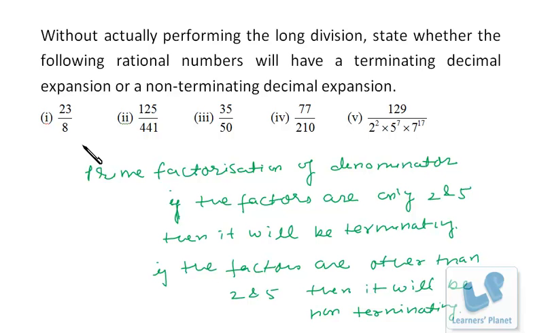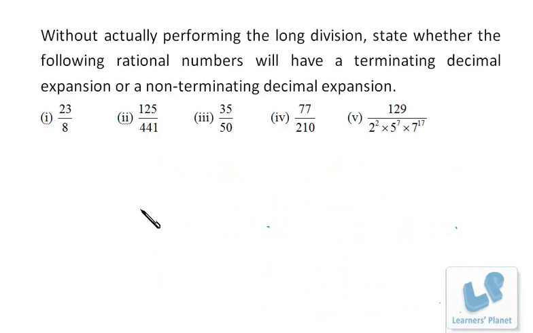I just take this given examples to elaborate this. Now let's take up this first example, 23 by 8. Here, if we factorize the denominator 8, the prime factorization of this is 2 cube. That means only 2 is there as a prime factor of 8, right? So it will have a terminating decimal, right? Now this is what? 441. 441, it's not multiple of 2 and 5.